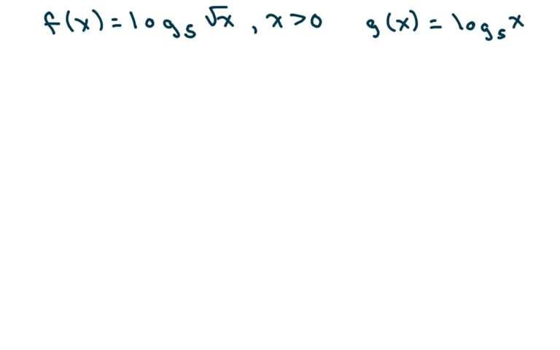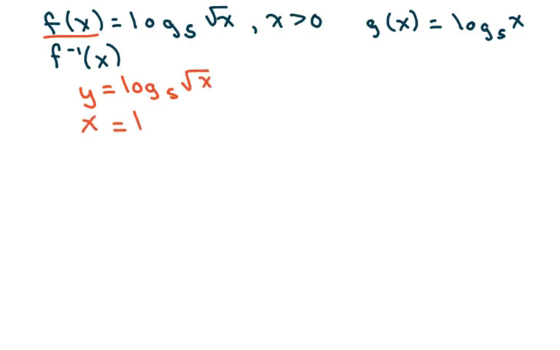Now the first thing we want to do is find the inverse of f. So we want to find the inverse of this. And what we're going to do is change this to y. Then switch the x and the y to find the inverse. And then write as an exponent like we did on the previous slide.